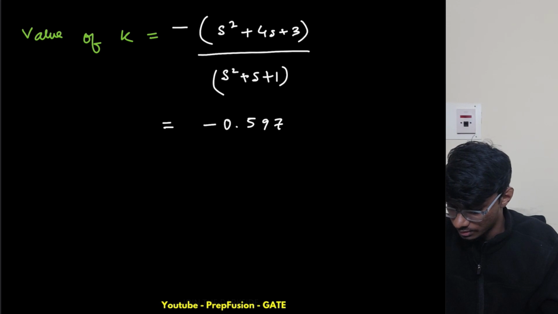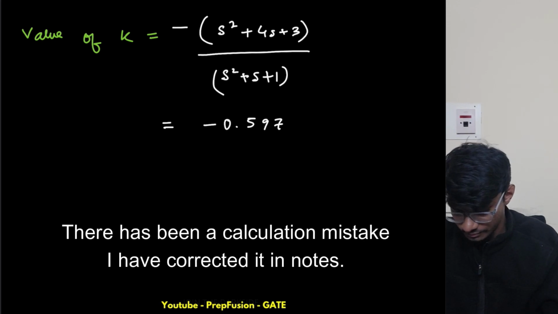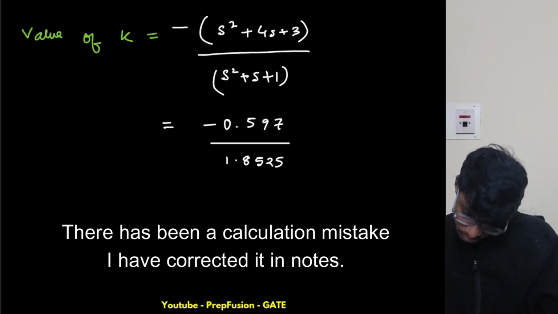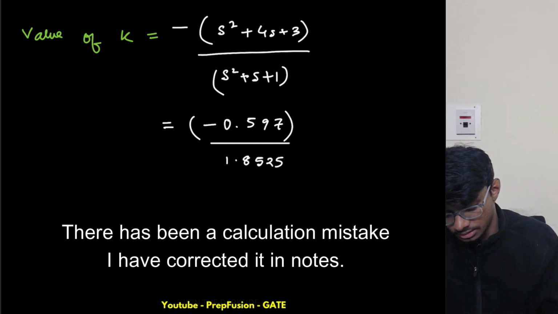Now 1.55 whole square plus 1, minus 1.55 basically, and plus 1 again. So I get 1.8525, and I have a minus sign here also.